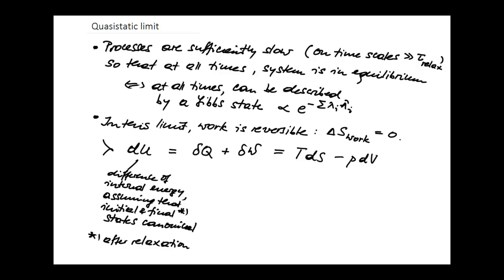In all of this, we are assuming that the particle number is conserved. So we are not considering processes involving an exchange of particles. We're just looking at processes that may involve an exchange of heat and or work.